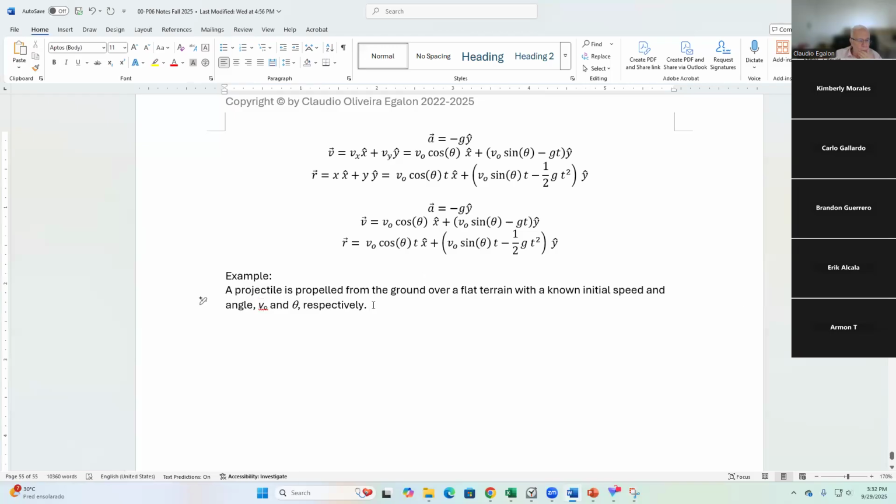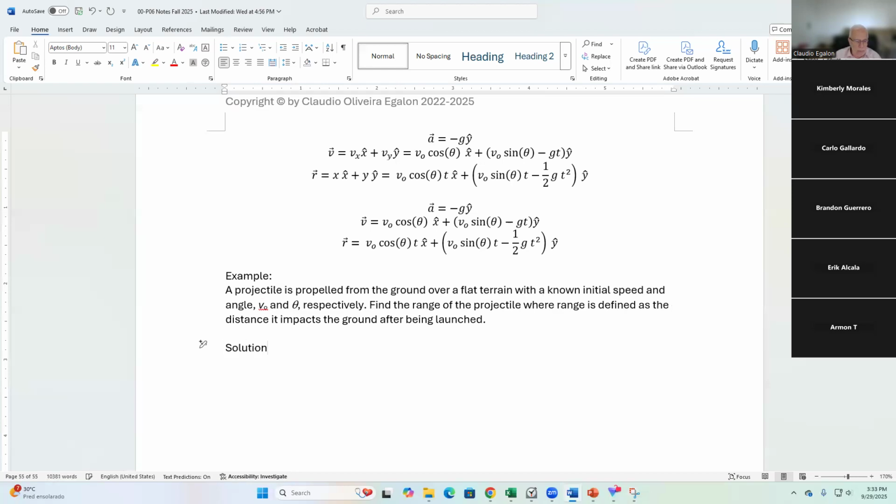Find the range of the projectile, where range is defined as the distance at which it impacts the ground after being launched. Okay?